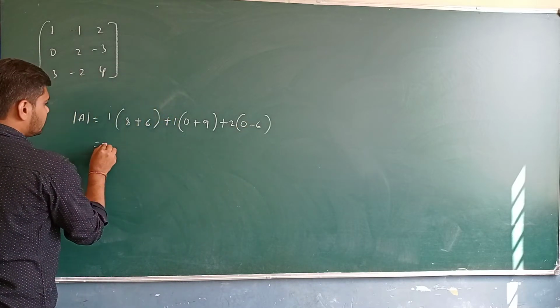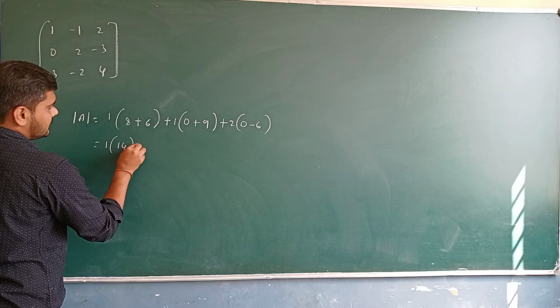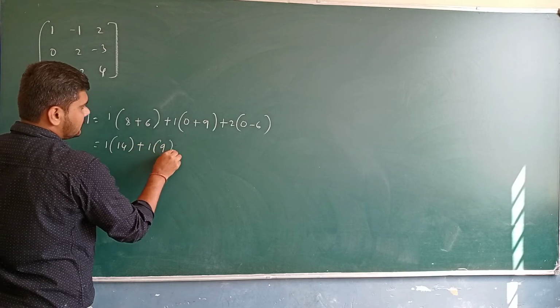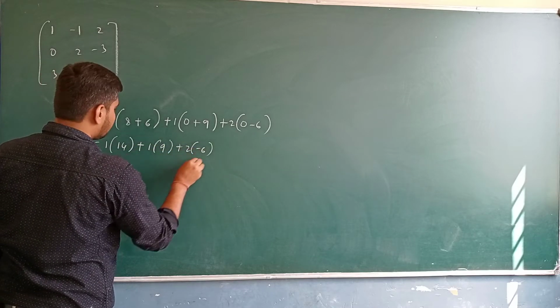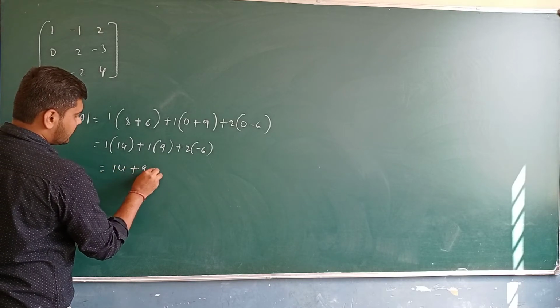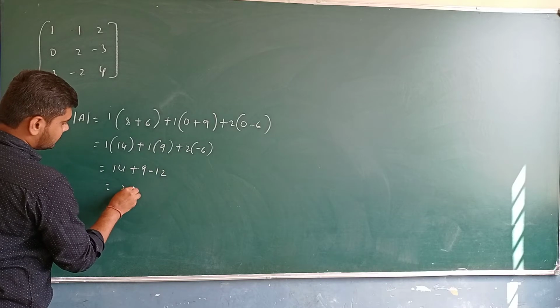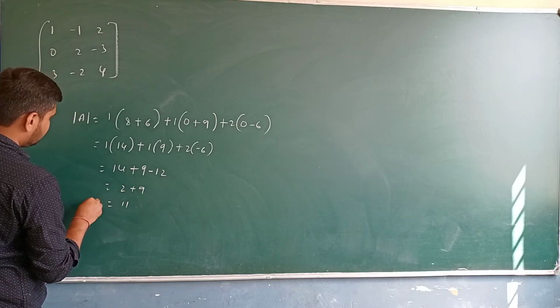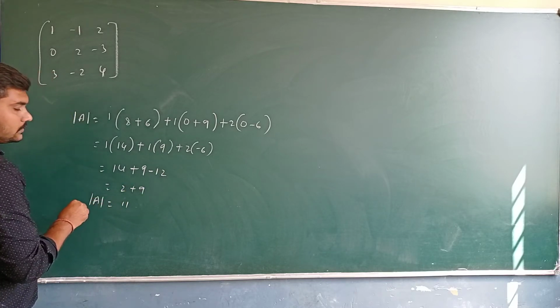So 1 into 14 plus 1 into 9 plus 2 into minus 6. We are getting 14 plus 9 minus 12, so determinant of A is equal to 11.